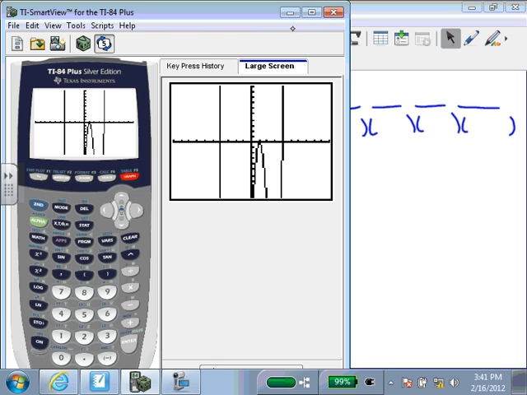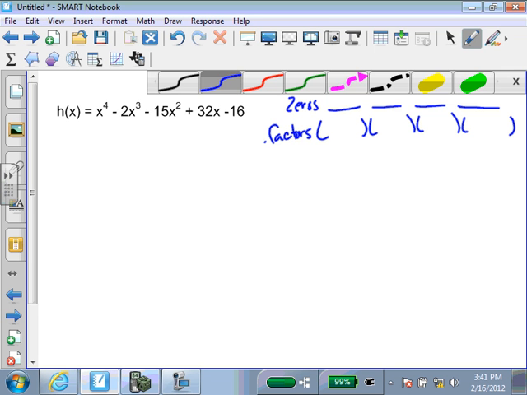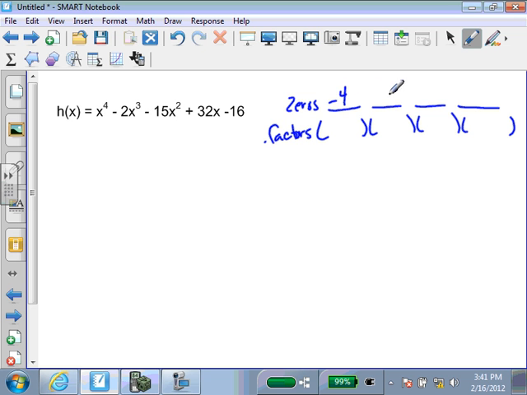Negative 4, possibly 2 of them at 1, and 1 at positive 4. So I'm going to do synthetic division.